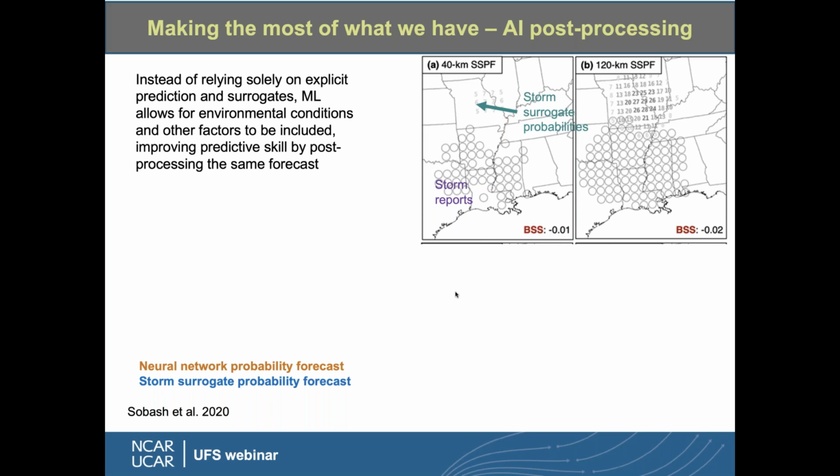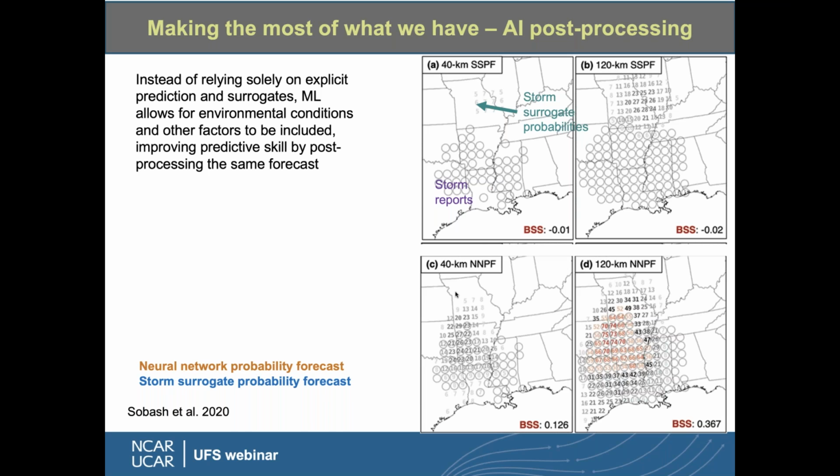So what can we do by applying artificial intelligence? It turns out that using a neural network approach, we can get much better consistency between where the storm reports occur and what our forecasts are providing in terms of probabilities. This benefits from using storm environment information. You may recall from the very beginning of our talk, our models do a pretty good job of forecasting storm environment.